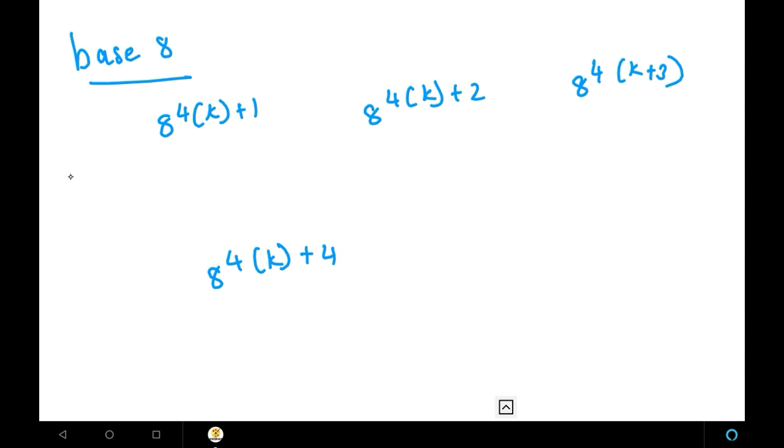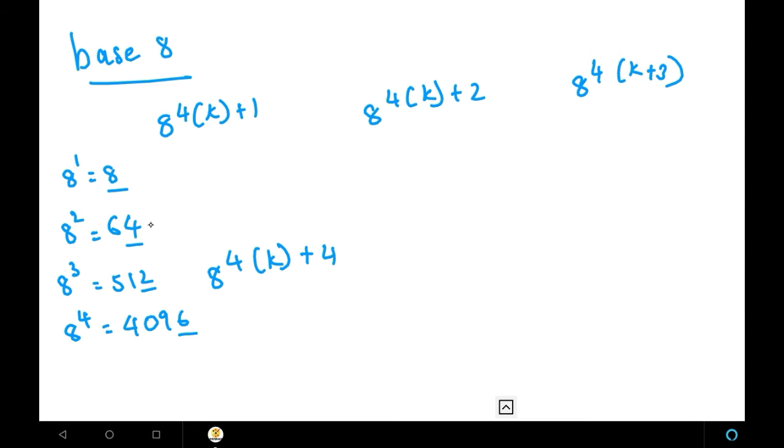So we have to remember that 8 power 1 is 8, 8 power 2 is 64, 8 power 3 is 512, 8 power 4 is 4096. The units places are 8, 4, 2, 6, because these four numbers are in the ones place.